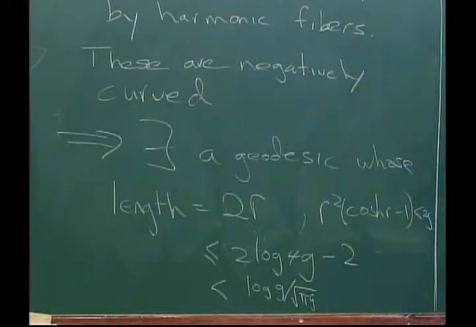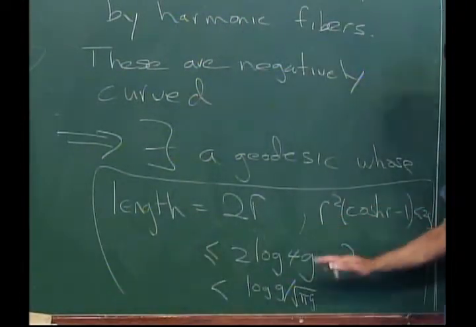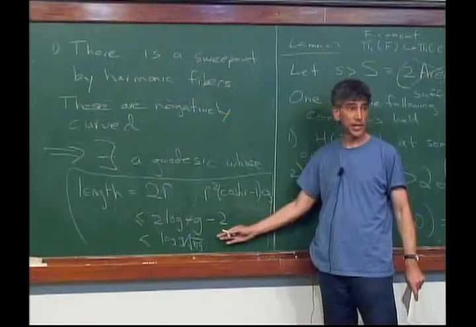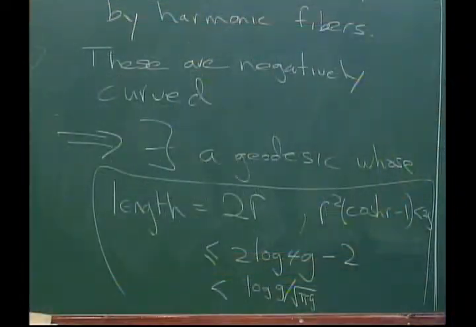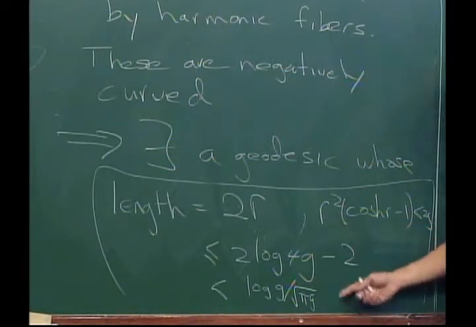This is just a surface. These are results about surfaces. The length of the shortest geodesic in a surface, there's always one geodesic that has length less than this. Now, if you have a negatively curved sweep out, then each of those fibers is negatively curved, so each of them has a curve of length less than any of these three constants.